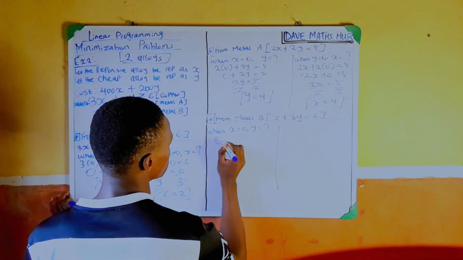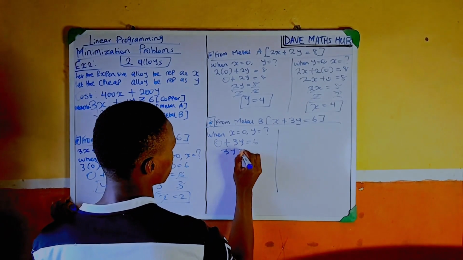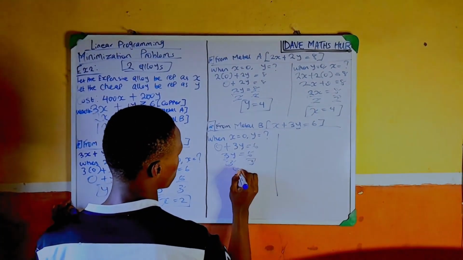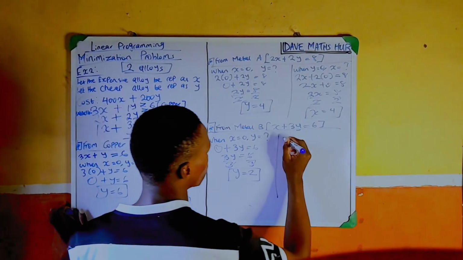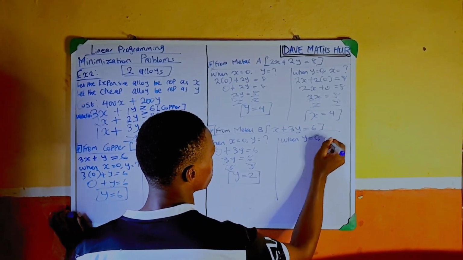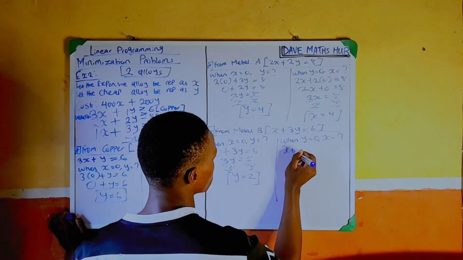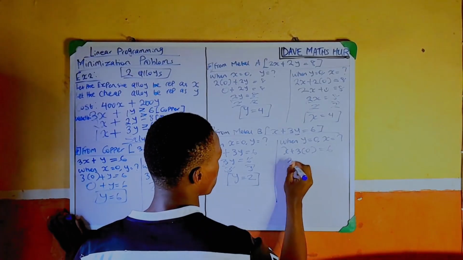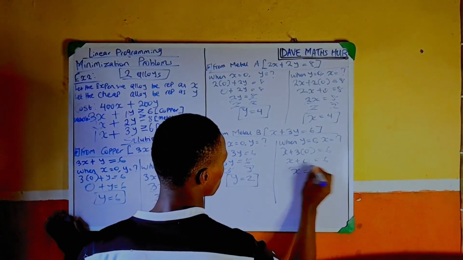So we have 0 plus 3y equals 6. 3y equals 6 over 3 over 3, cancels each other. y is equal to 2. Then when y is equal to 0, x is equal to what? So we have x plus 3 times 0 equals 6. x plus 0 equals 6. x is equal to 6.